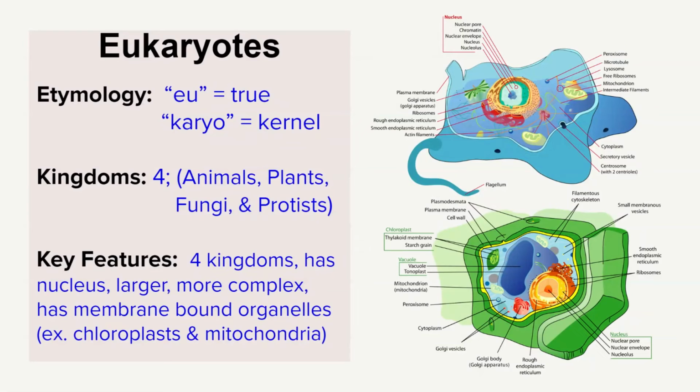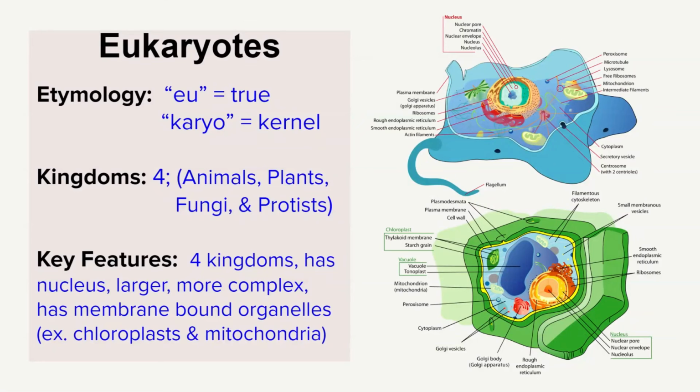And so we're like, well, these are the true types of cells, not the bacteria cells. They're too simplistic. These are the more complex cells, so therefore they're the true cells. So eukaryote means, again, eu and kernel, so the true kernel, the true sort of building block of an organism. And there are 4 kingdoms that make up this type of cell type: animals, plants, fungi, and protists.